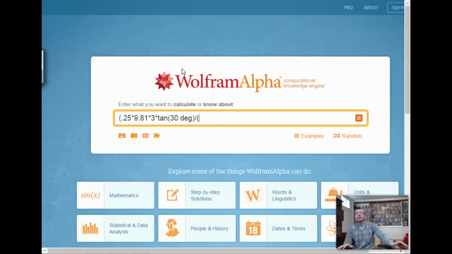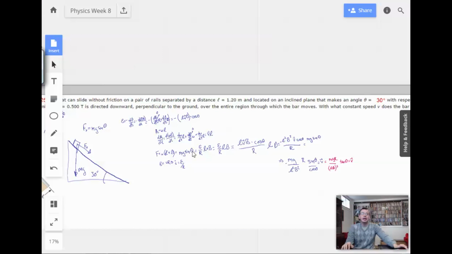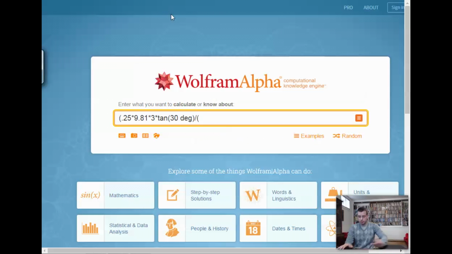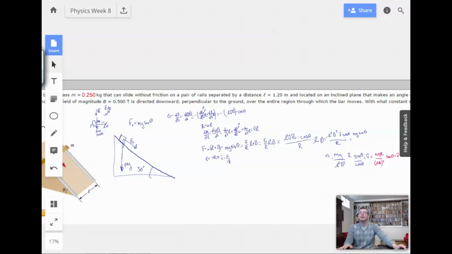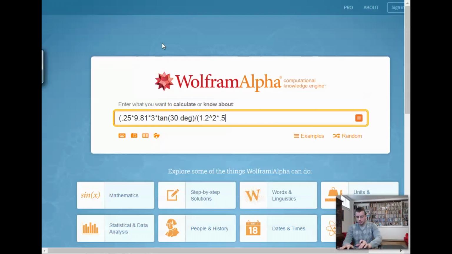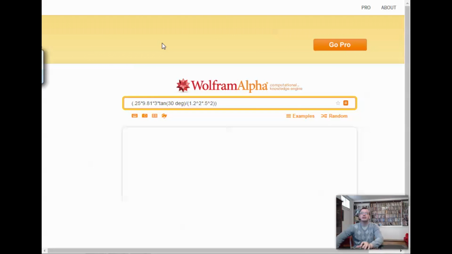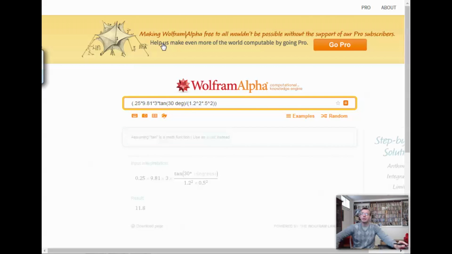Divided by quantity L squared B squared: 1.2 squared times, then we had, how many teslas? 0.5? 0.5 times 0.5 squared, which is going to be 0.25. Let's go with that. Wolfram, go.